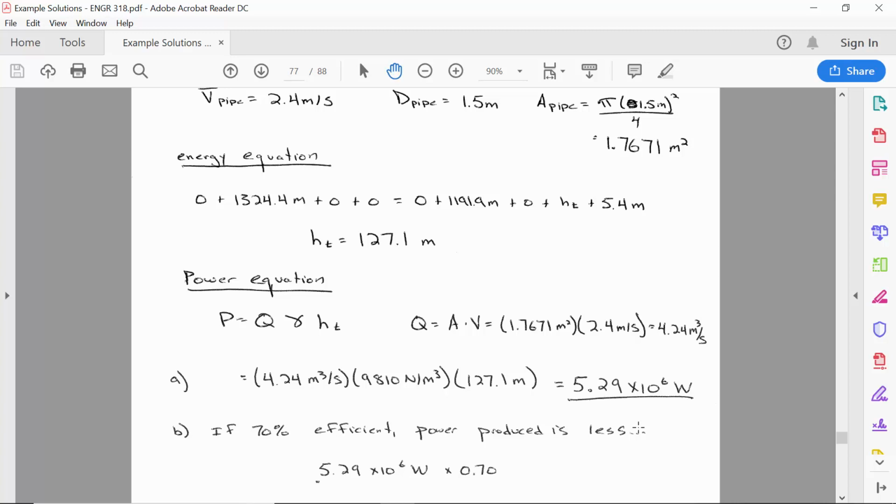And so that is going to be 3.70 times 10 to the 6th watts.